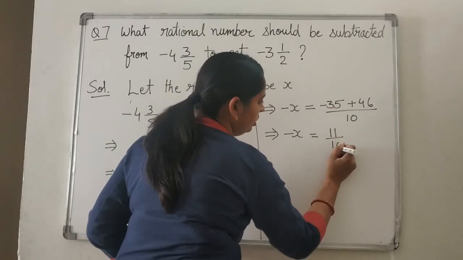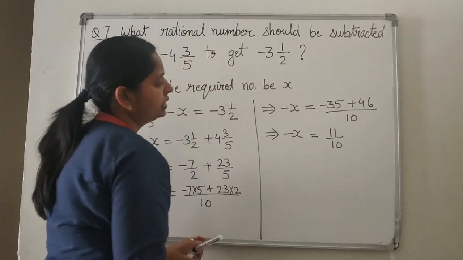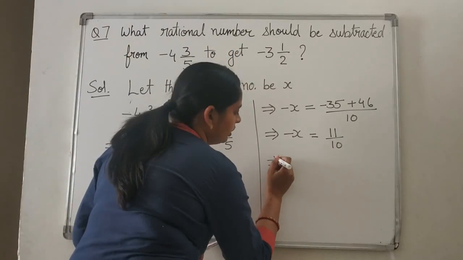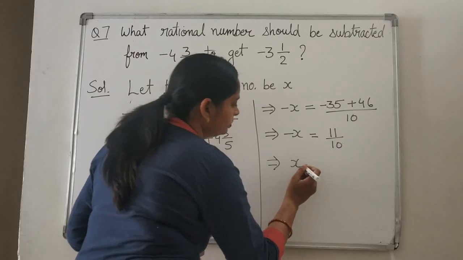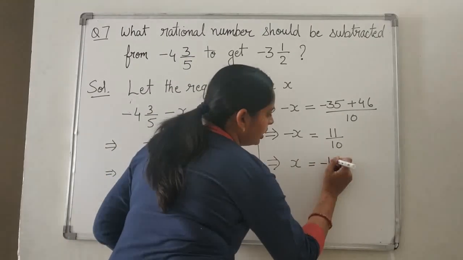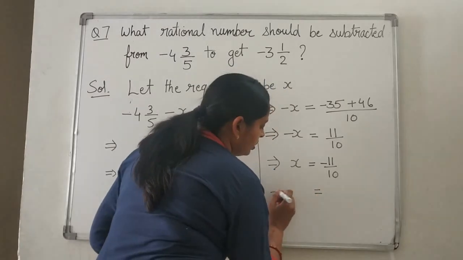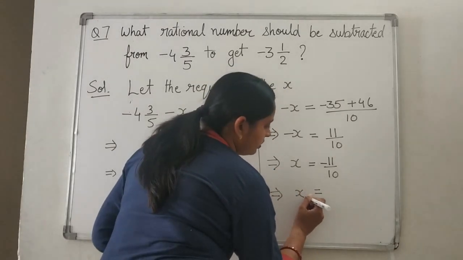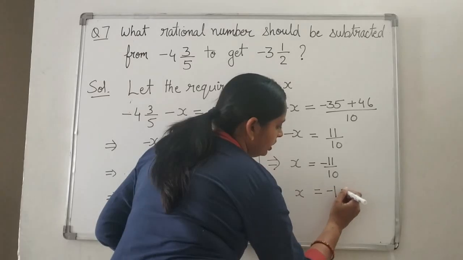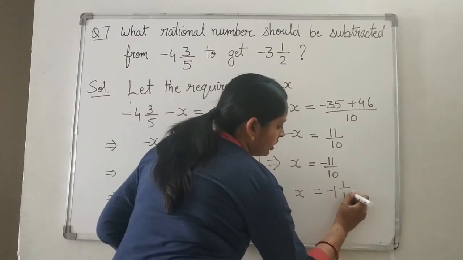Plus 11 upon 10. But this is the value of minus x, and we need the value of x. So x will be equal to minus 11 upon 10. In mixed fraction, we write x is equal to minus 1 1 upon 10.